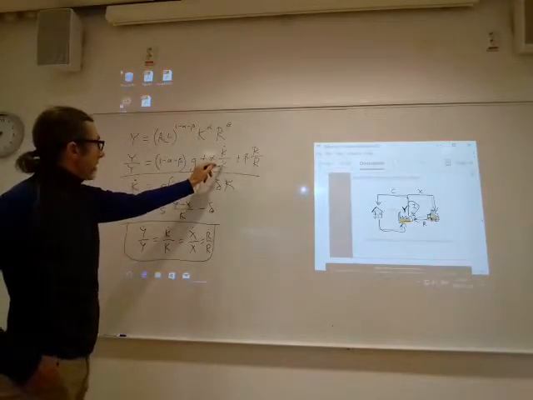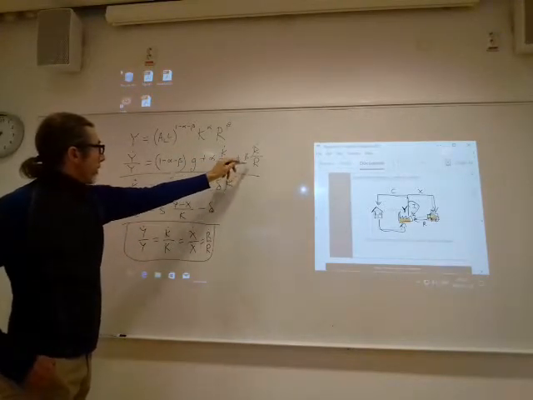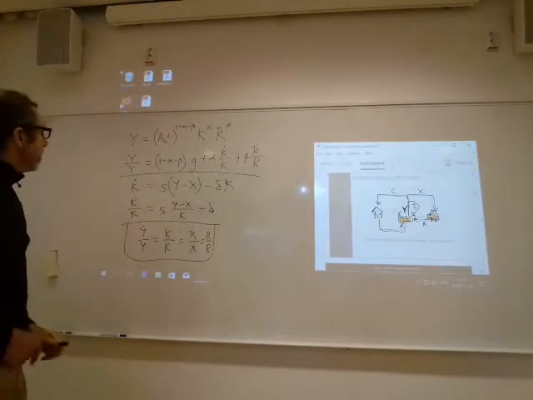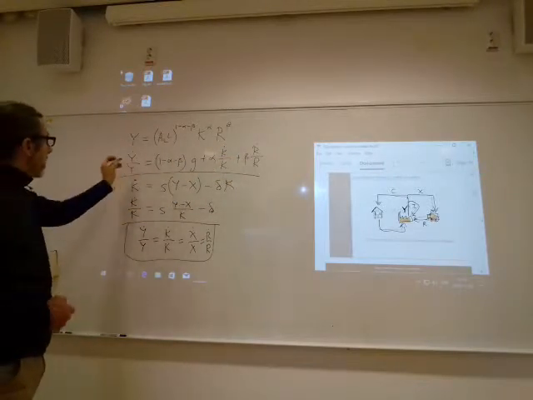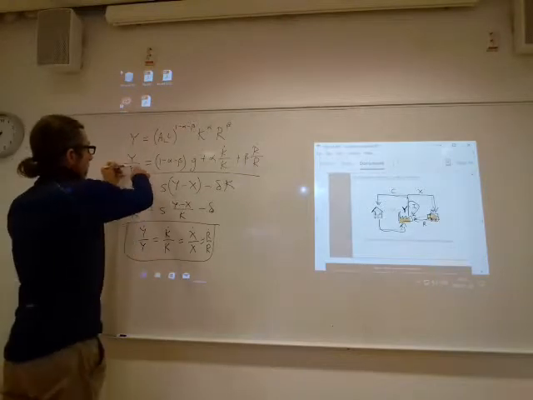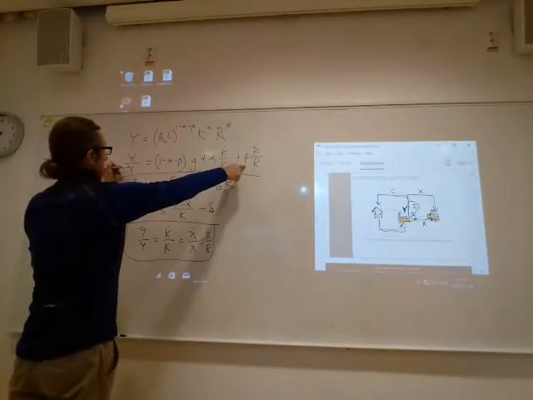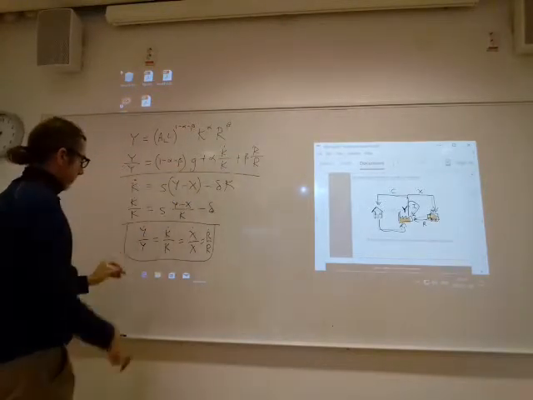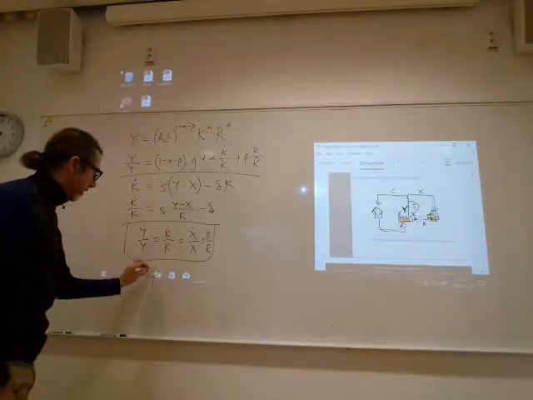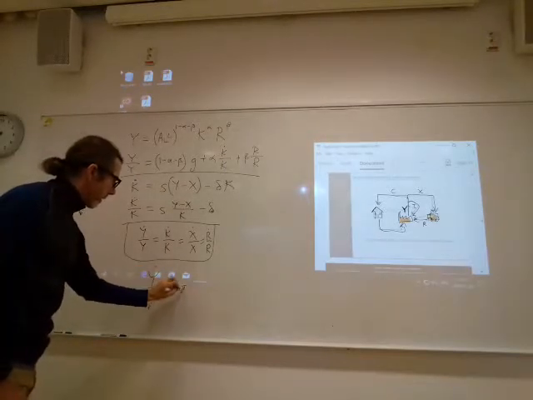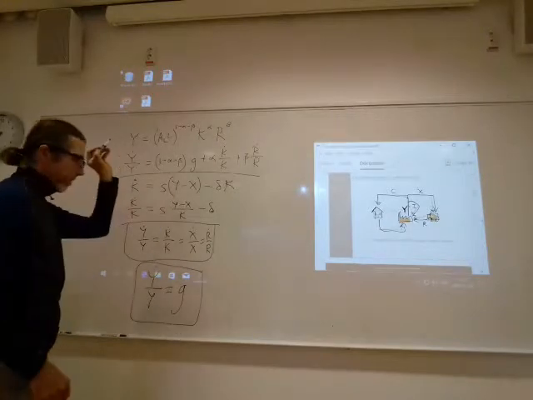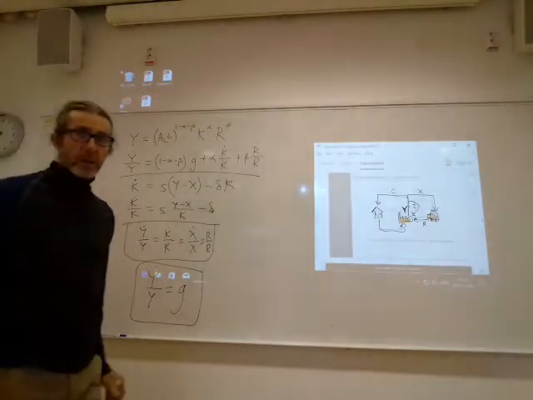So then this is y dot over y, and this is y dot over y. And when we take them over, we have y dot over y, 1 minus alpha minus beta equals g, 1 minus alpha, 1 minus beta. So we end up with y dot over y equals g. We're back with Solow.